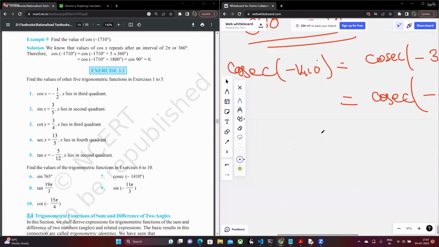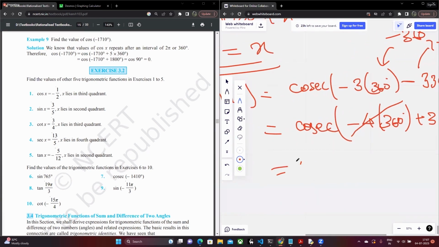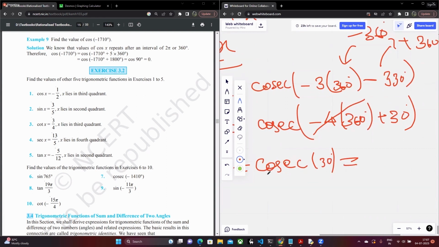Right. So since n times 360 makes no difference, that's a complete circle, right? I'm basically left with cosecant of 30 degrees. Since sin 30 is half, cosecant 30 is 2. That's your answer.